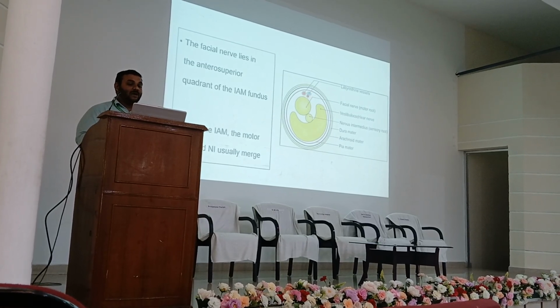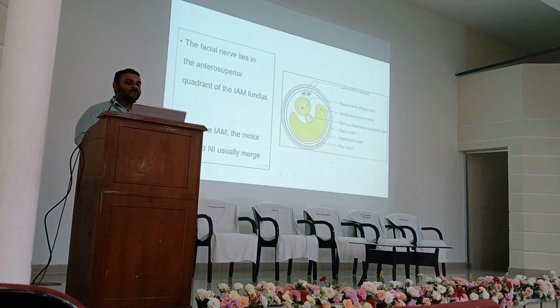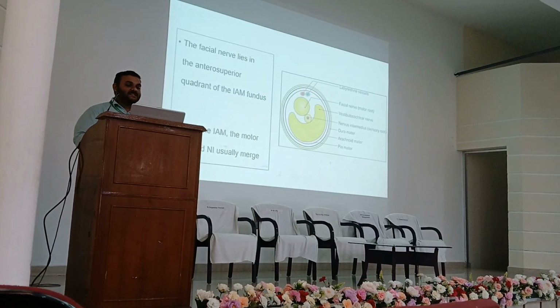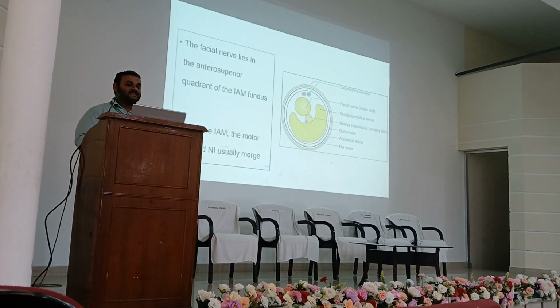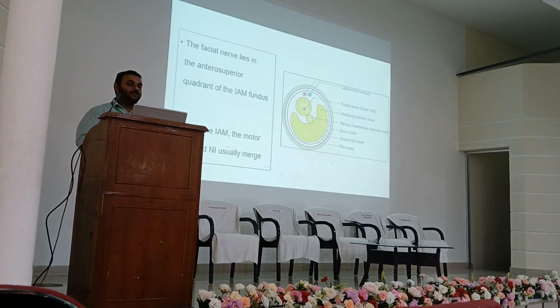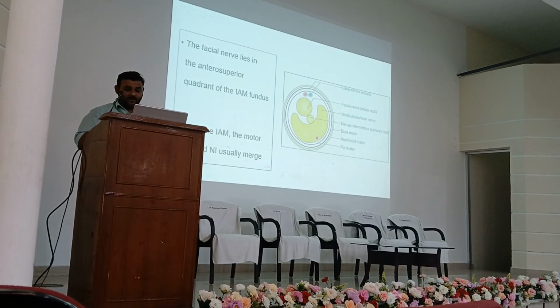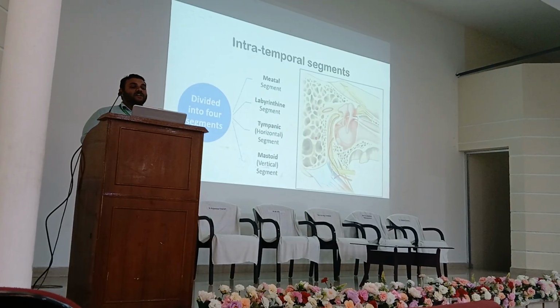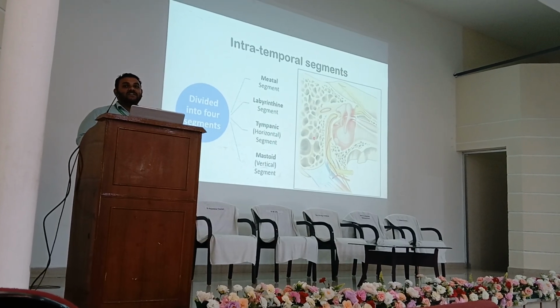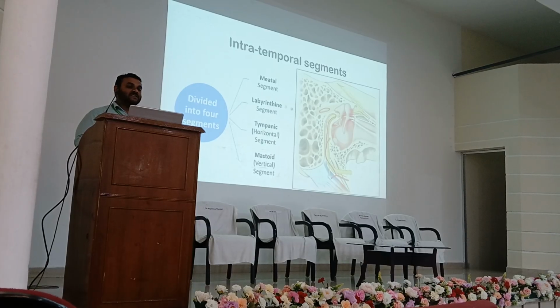This is the superior labyrinthine vessels, this is the motor root of the facial nerve, this is the sensory root of the facial nerve, and this is the vestibulocochlear nerve. The sensory root lies in between the motor root and the vestibulocochlear nerve.